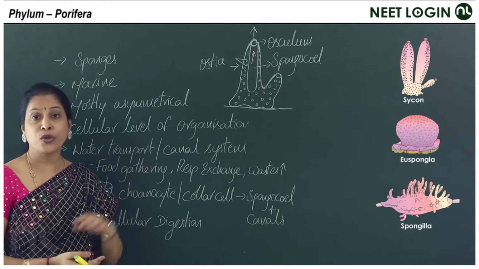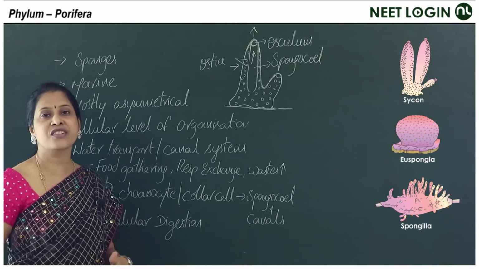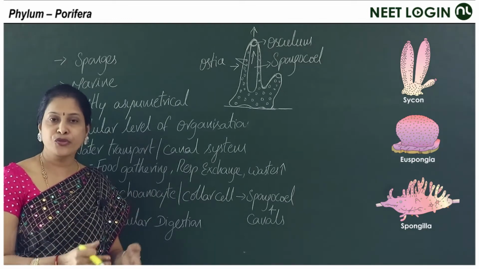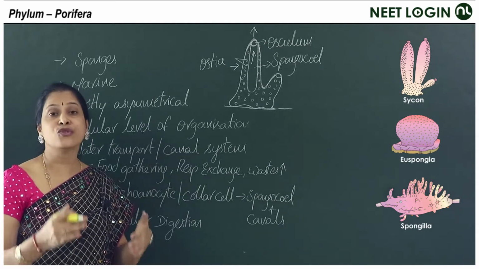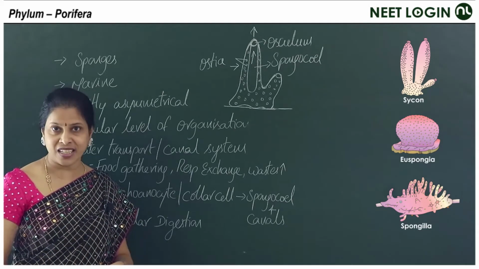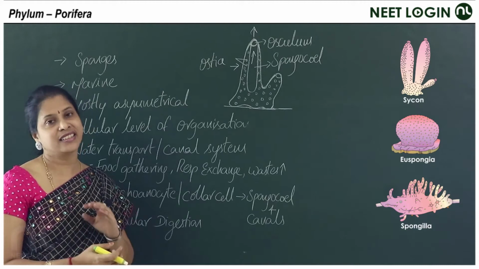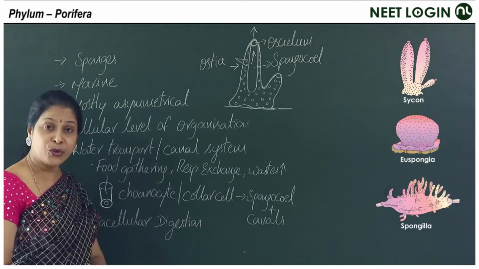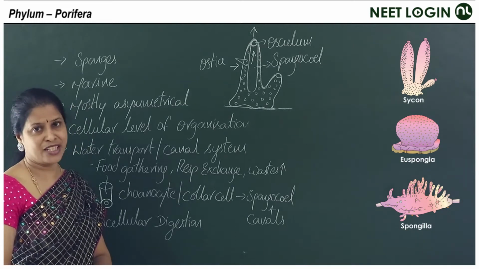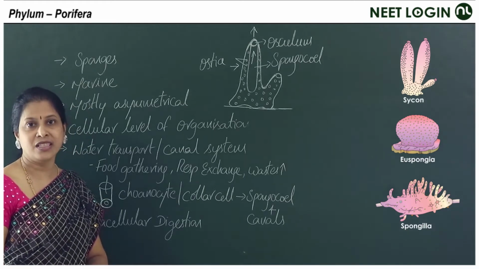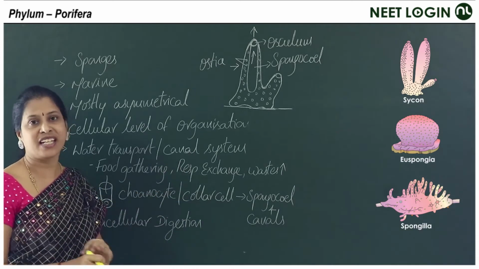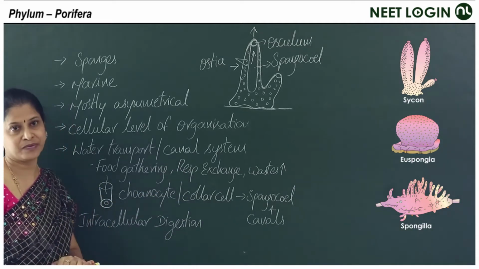Already we came across in the previous session that an asymmetrical body is one where, if you go through any plane, it is not possible to obtain identical images. So they are mostly asymmetrical, but a few are radially symmetrical. It's not mentioned in the NCERT book, but generally they focus on the asymmetrical nature of the sponges.